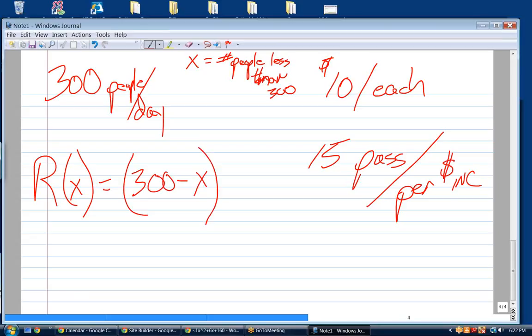And then for the other part, each one of them is going to pay $10 minus x. Ooh, we lose $1 each for every 15 passengers?